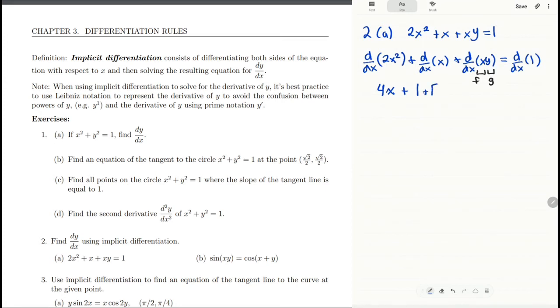Using the product rule, we have 1 times y plus x times the derivative of y with respect to x, which is dy over dx. And that is equal to 0.